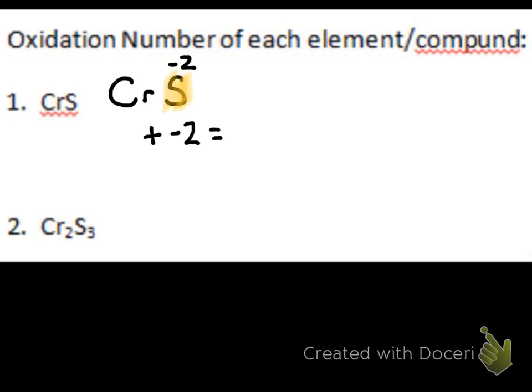So I'm going to find out what the charge of chromium is, or the oxidation number of chromium. If there's one sulfur that carries a -2, and I know that this formula is neutral and equals 0, to have this cancel out, chromium has to be a +2, because a +2 plus a -2 equals 0.